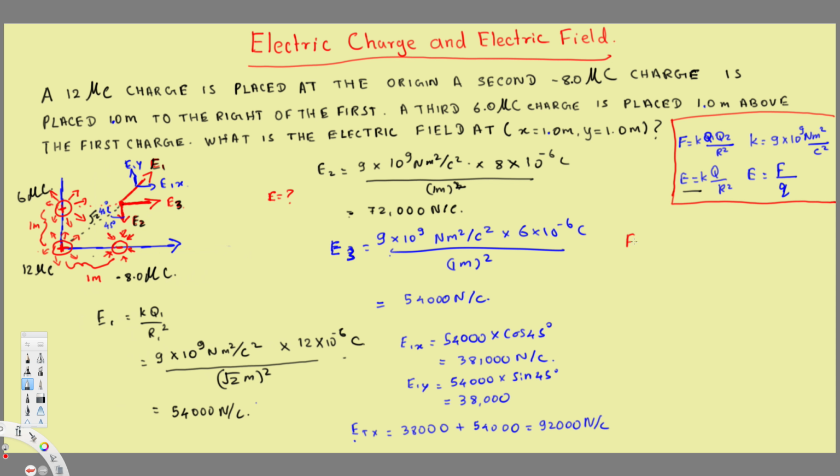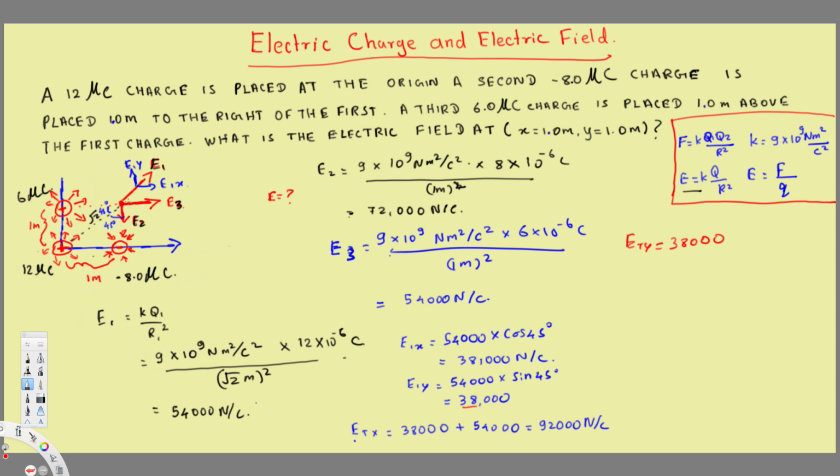So ETY, we have E2 and the E1y. E1y is in the upper direction, because this arrow is going away from this plus sign, so it's going to the upper direction. The component is upper direction, so E1y is going to be positive. E1y is 38,000, we calculated right here.